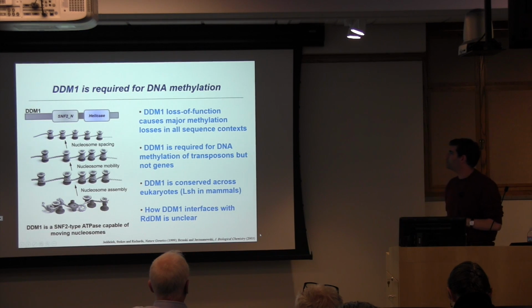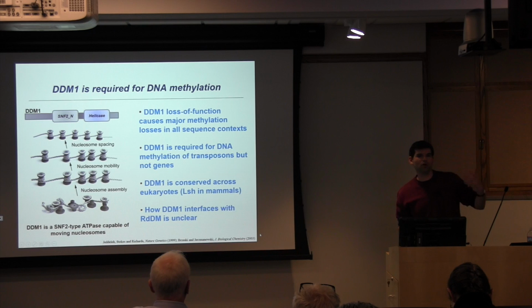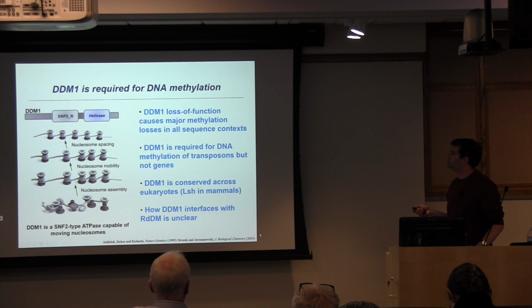And these limitations, I think, became clear quite a while ago when Eric Richards discovered this gene called DDM1. DDM1 came out of a genetic screen for mutants with large losses of DNA methylation. And DDM1 turned out to be a type of protein called a nucleosome remodeler, that is basically an ATP-driven machine that does work on nucleosomes.